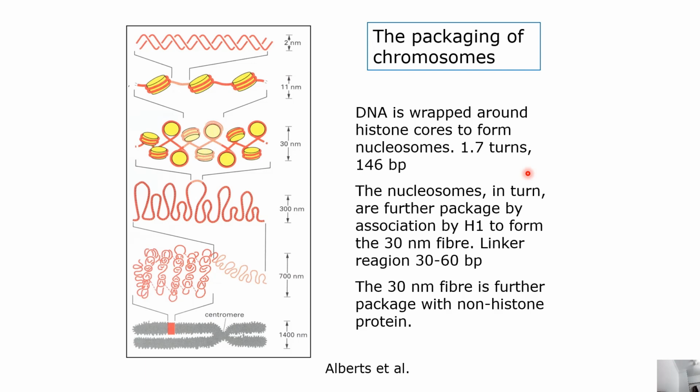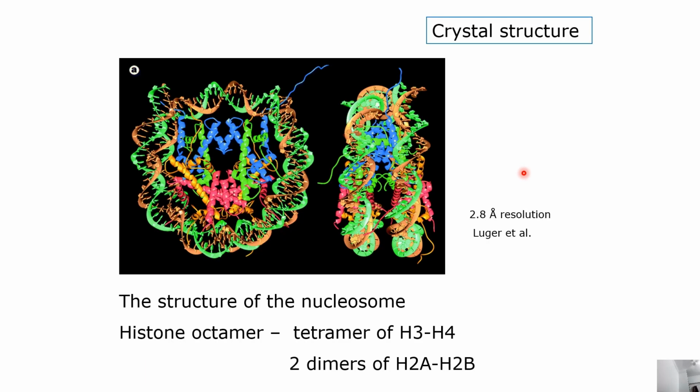DNA is wrapped around histones to form nucleosomes. The nucleosomes, in turn, are further packaged by H1 to form the 30 nm fiber. The 30 nm fiber is further packaged with non-histone proteins.